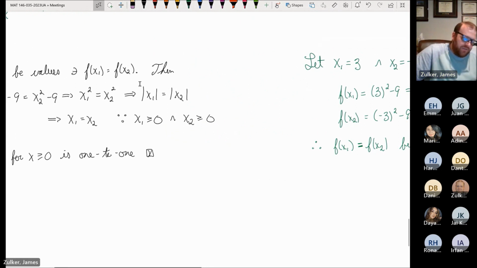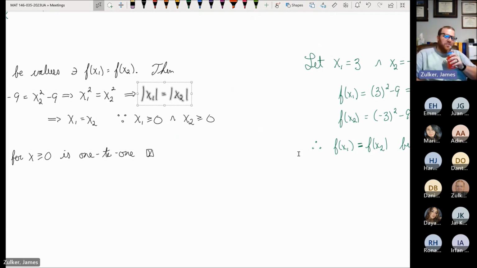Because look, this says the absolute value of x1 has to equal the absolute value of x2. If x can be any real number, then you just have to find two different values who have the same absolute value, right? So positive and negative of any number would be your counterexample.